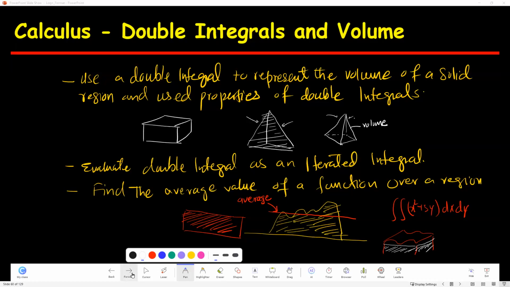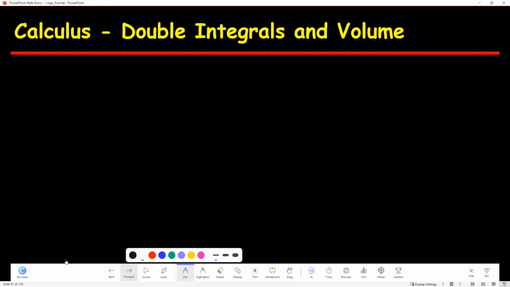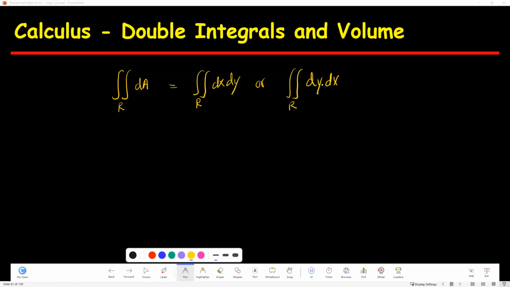So let's jump into that. What we learned about double integral, we learned double integral is written like this, then dA. This is the area I'm talking about. That is my region. I can also write this double integral in the area domain, and I can split this dA in more of a parametric form, and I say dx dy. Or I can also write it as dy dx.